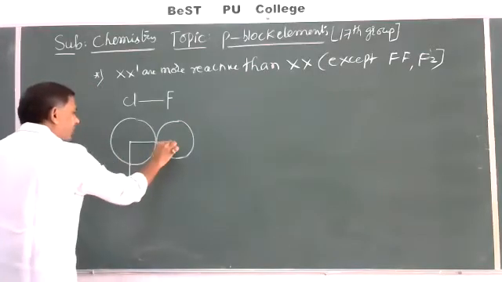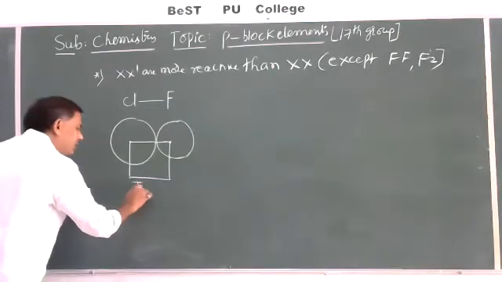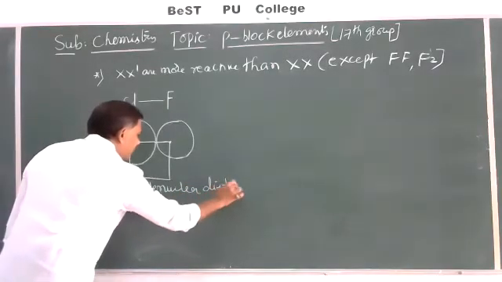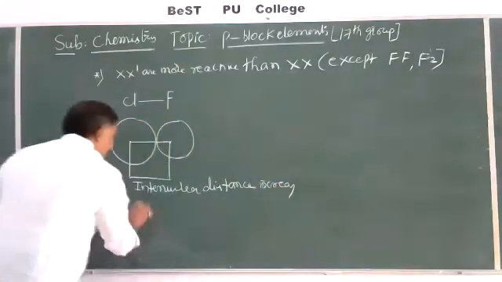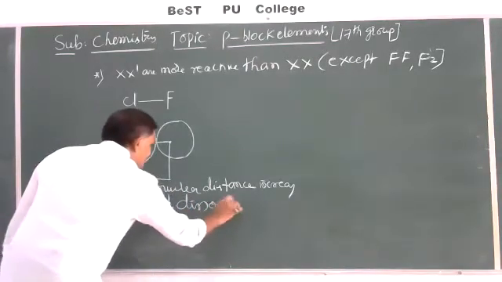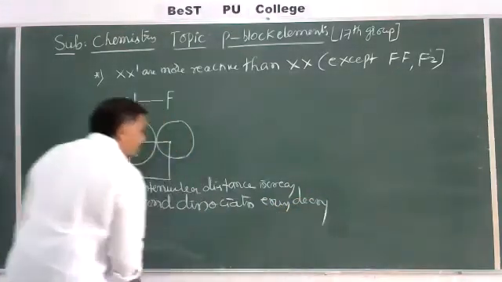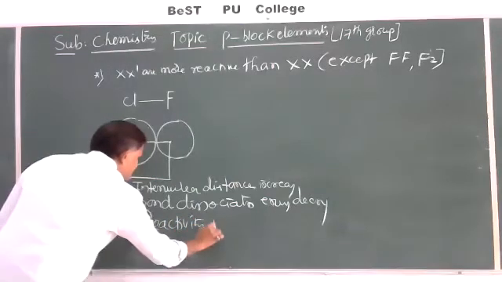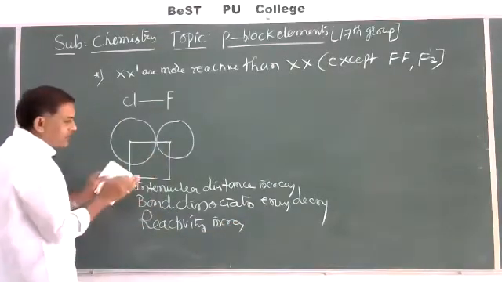So in interhalogen compounds, the internuclear distance increases. When the internuclear distance increases, bond dissociation energy decreases. When bond dissociation energy decreases, reactivity increases, because the bond length increases and attraction decreases.